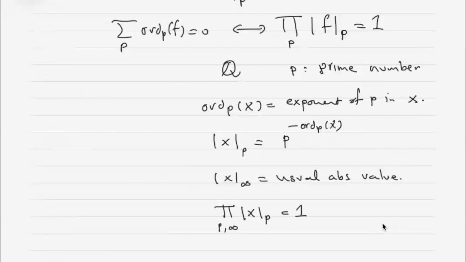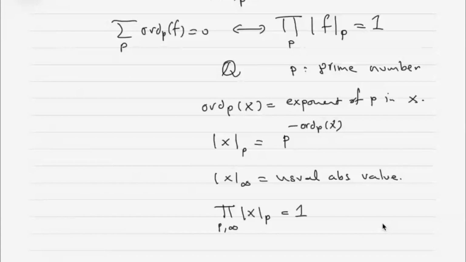So the difference between the function field case and the number field case is the existence of these infinite primes, which do exist in number fields and do not exist in function fields. And you might say, okay, this is a very small difference, but the fact, for example, that the Riemann hypothesis is proved for the function field case but not for the number field case is probably due to the existence of these infinite primes.